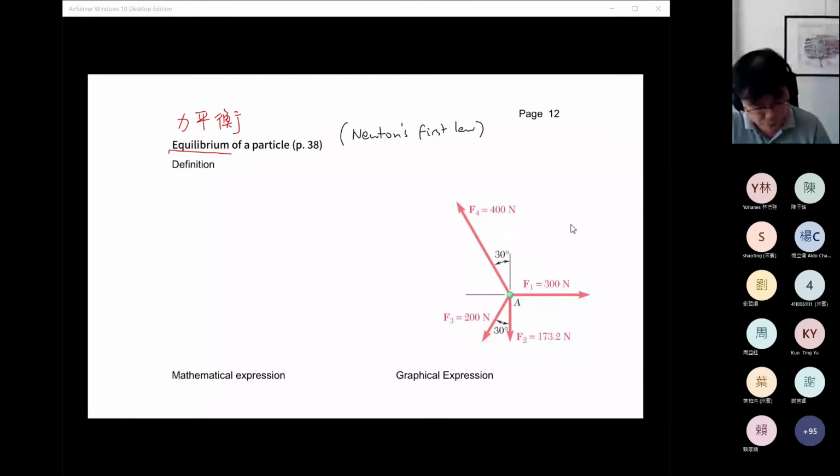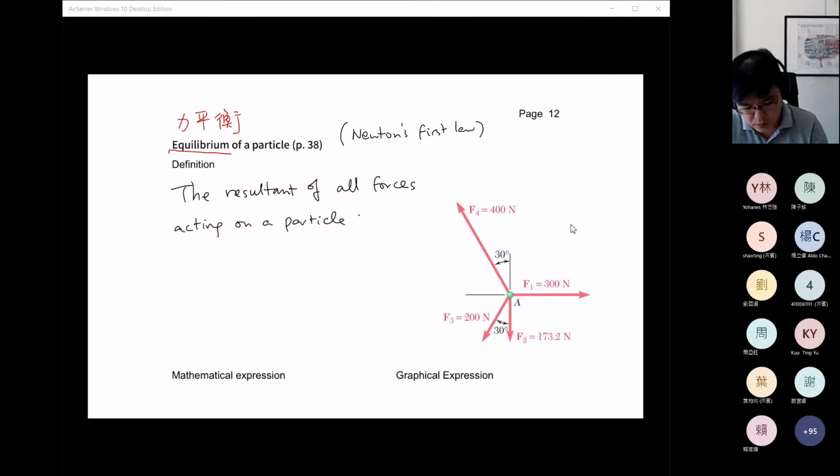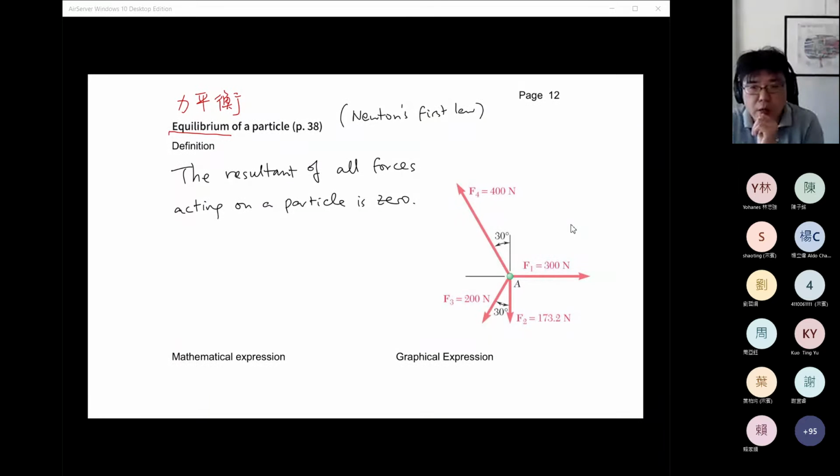It means the resultant of all forces acting on a particle is 0.